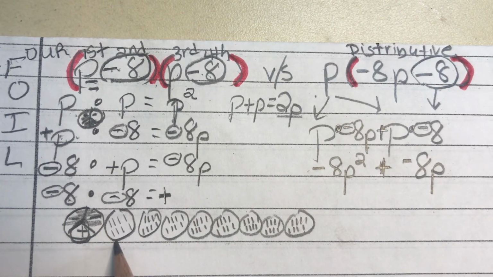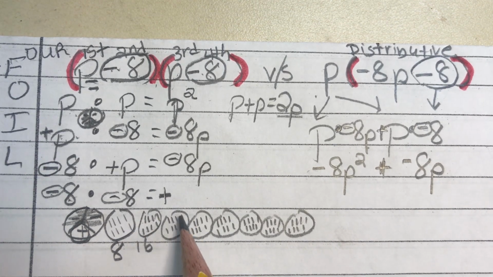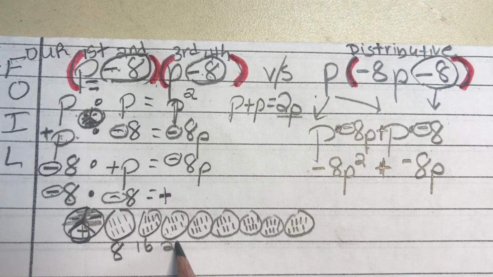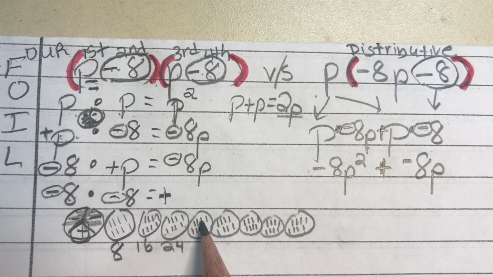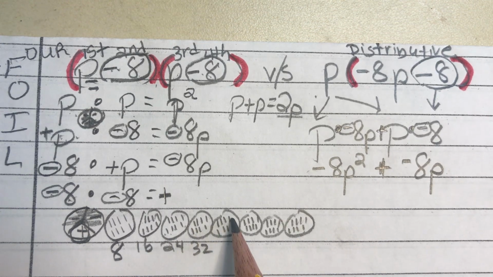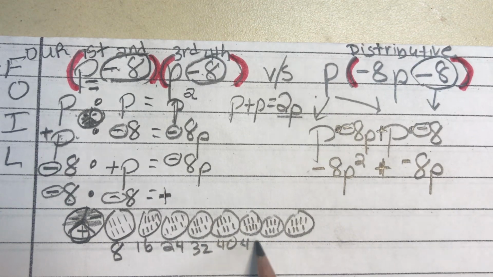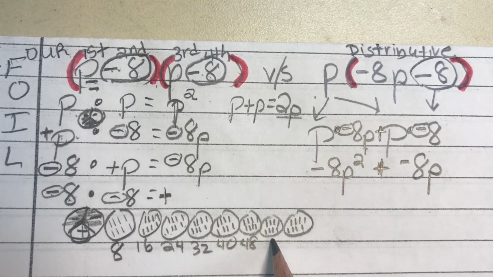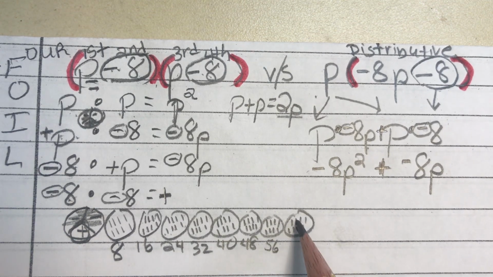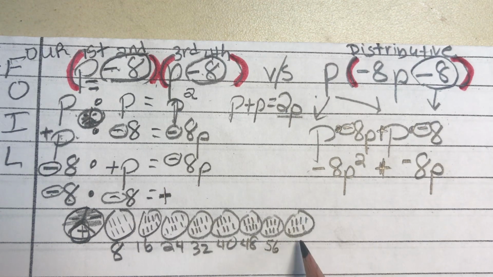So inside this circle I have 8 lines, 9, 10, 11, up to 40. 8 more means 48. 49, 50, up to 64.